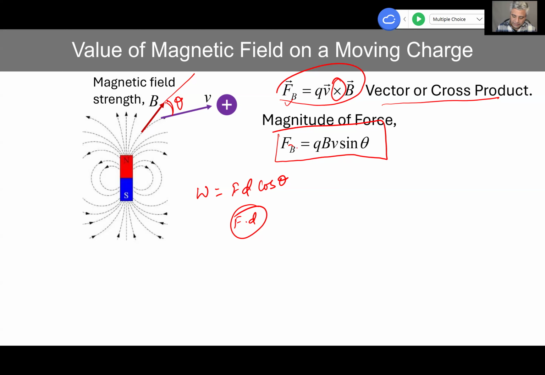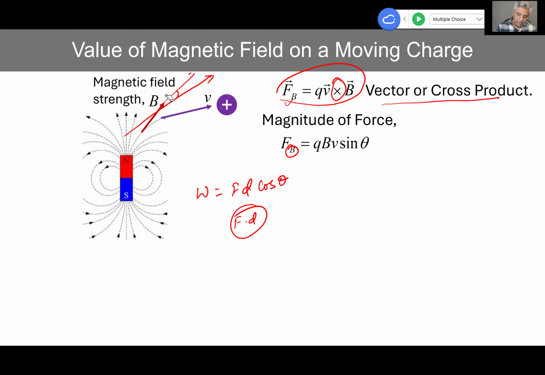Force due to magnetic field on a charge Q that is moving with speed V in a magnetic field B is given by this equation, where theta is the angle between this V and B. If V is going something like this, then that's going to be the angle between them.